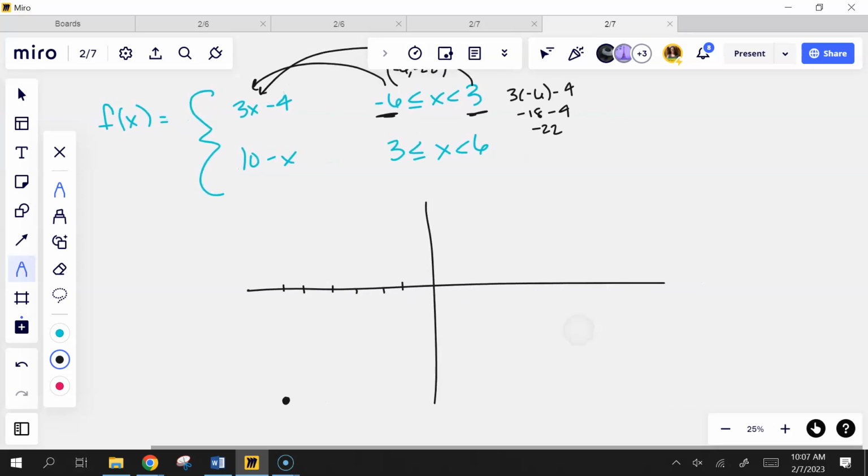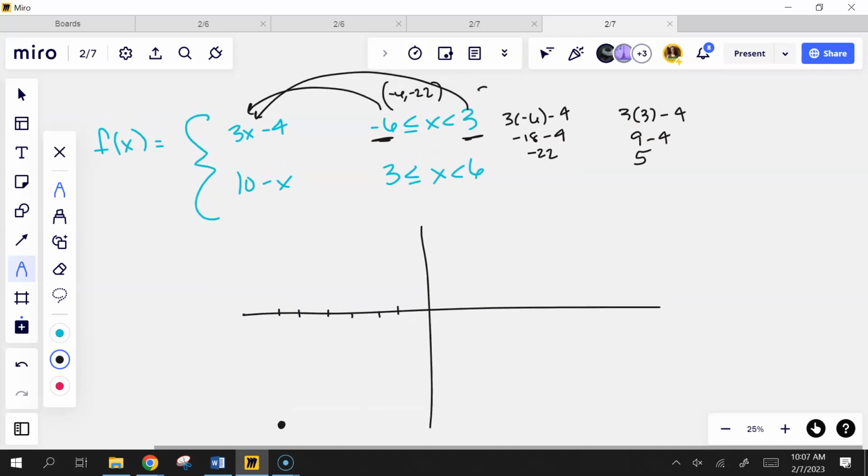And now I'm going to do the other endpoint, which means I'm going to plug in the 3. So 3 times 3 minus 4, which is 9 minus 4, which is 5.